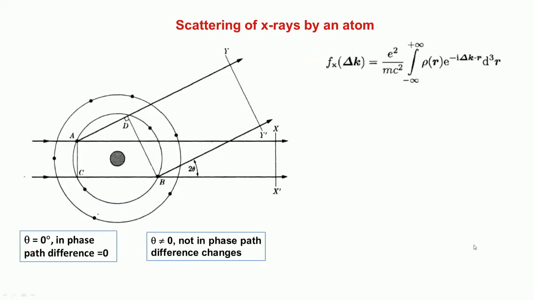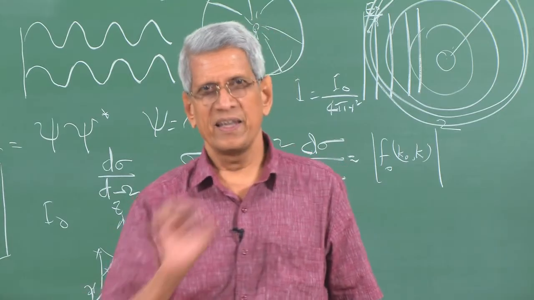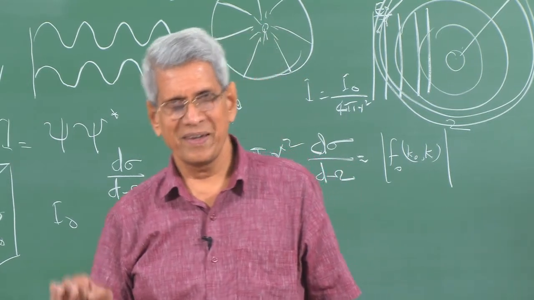Now, in that formula, if the beam is travelling in the forward direction itself, the same direction, then this theta value becomes 0. So, this becomes the same as the intensity. That means irrespective of whichever electron, in the forward direction the intensity remains the same.